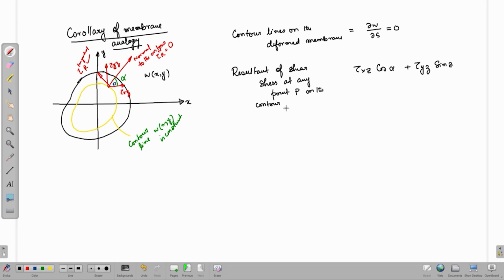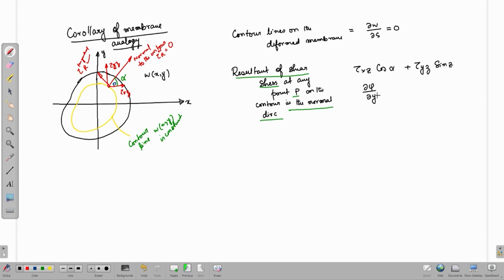I am trying to find out the resultant. So, this is important. In the normal direction, how can I evaluate this? It is going to be tau xz into cos alpha plus tau yz into sin alpha. Let us now derive this. From the Prandtl stress function, tau xz is del phi by del y.